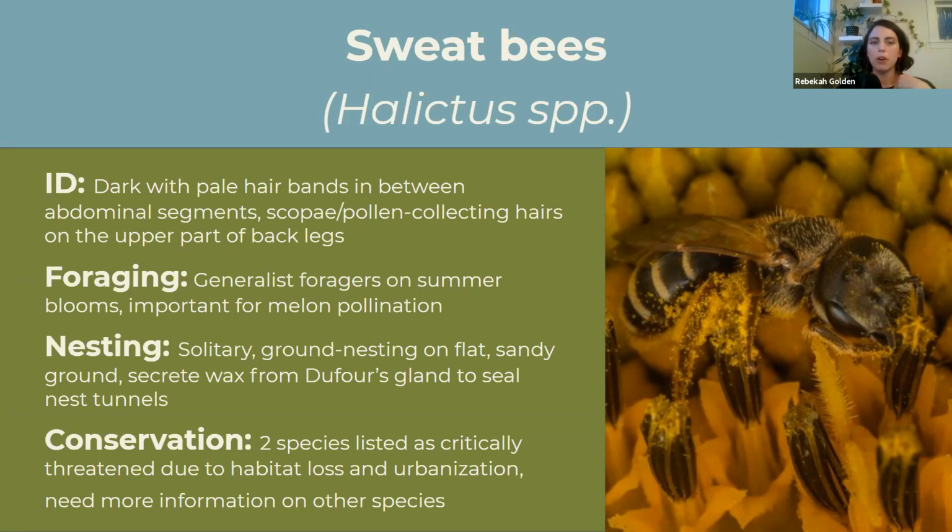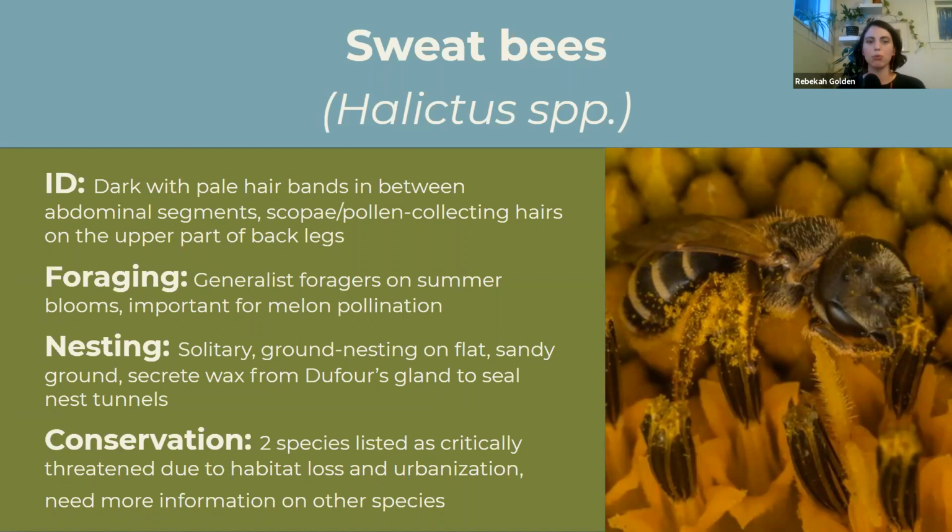And so these will also nest in the ground, kind of similar to the green metallic sweat bees, but rather than being on banks or areas that get more drainage, they'll tend to nest in very flat, sandy soil. And these bees don't gather nesting materials from their environments to line their nests.